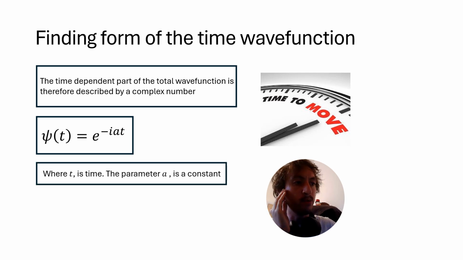And t is time and a is our parameter. It also turns out the simplest thing to do, which also happens to work, is just to set a to be a constant. You could also have a depend upon time, and you'd still have a unit complex number, but it makes matters a lot simpler if a doesn't depend on time, and a lot of the time that seems to work.